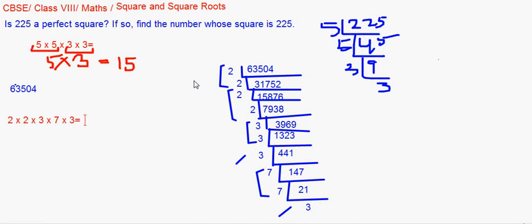Let's see, 2 2s are 4, 4 3s are 12, 12 and 21. I think that's giving me 252. So 63504 is a perfect square, and the number is 252. You might come across numbers which are not perfect squares.